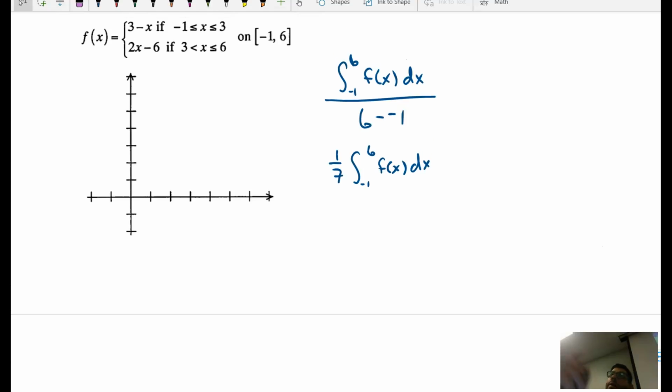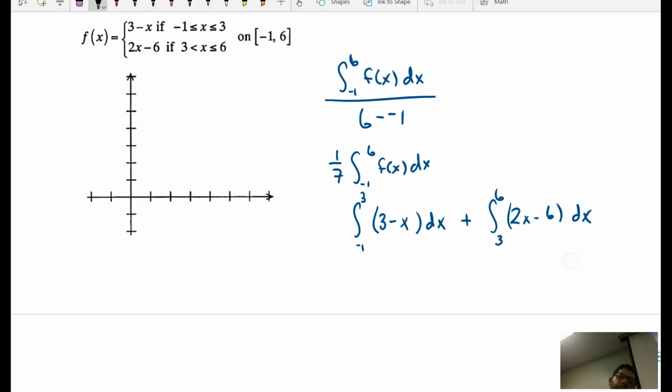So integrate 3 minus x and integrate 2x minus 6. And what are the limits going to be? -1 to 3, 3 to 6, and both of those integrals would have to be multiplied by 1/7.